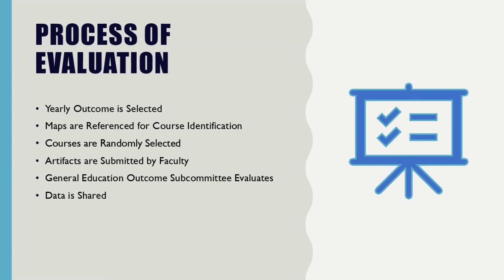Yes. So the gen ed outcomes are on every syllabus, because every course or program, regardless of what you take here, should have some connection to one of our general education outcomes. And those were mapped out a few years back. That's where all of those assignments came from, as to this course has written communication.